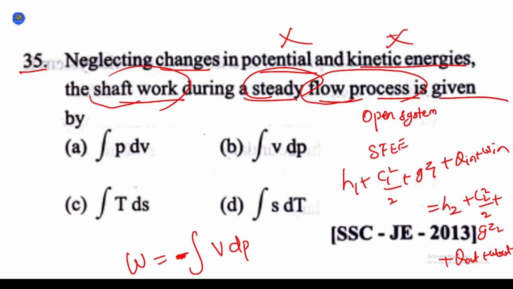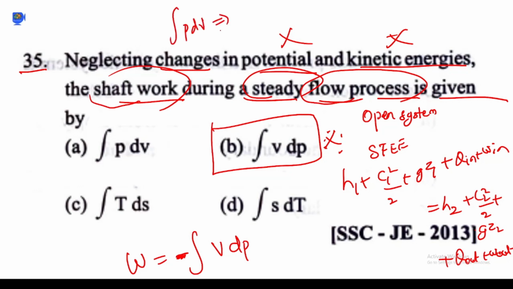So the correct option is option B. For shaft work in any open system, you can apply this equation, integral VdP, just as you apply integral PdV for a closed system. Similarly, for an open system, you can do this. So we'll move on to the next question.